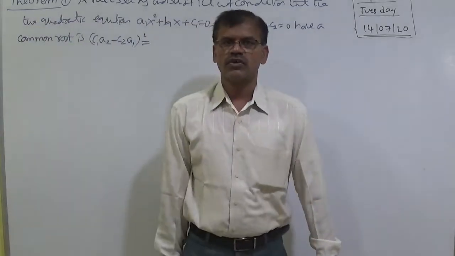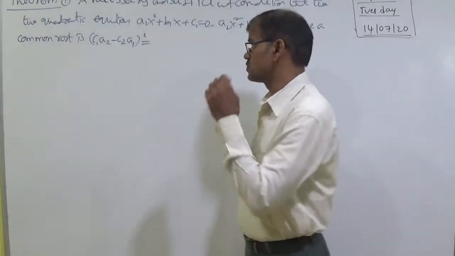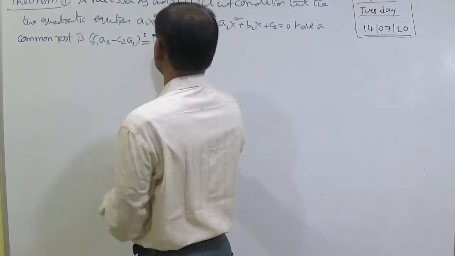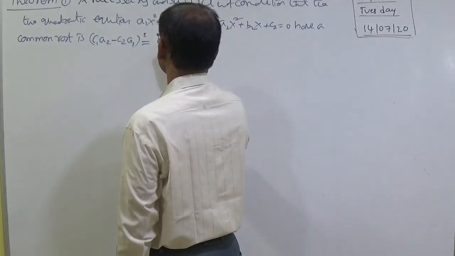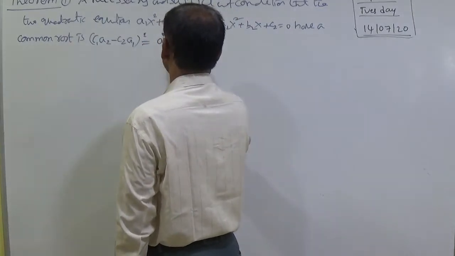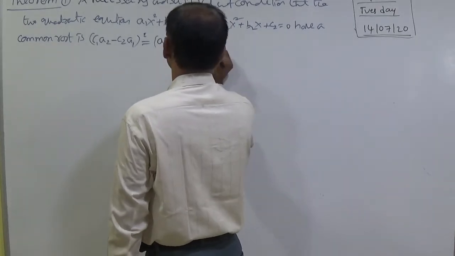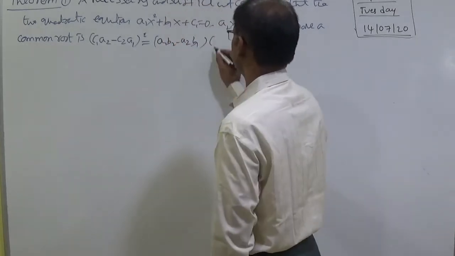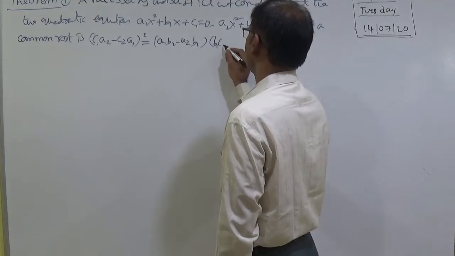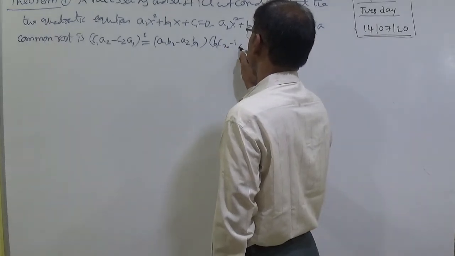You should remember the formula also for objective and IP also. c1a2 minus c2a1 whole square is equal to a1b2 minus a2b1 into b1c2 minus b2c1.